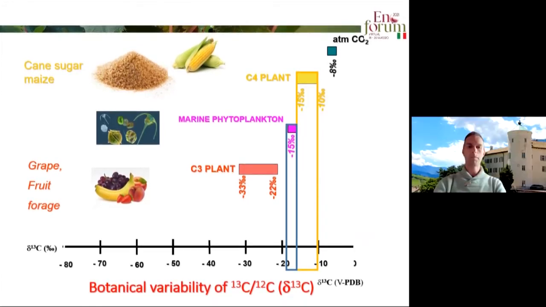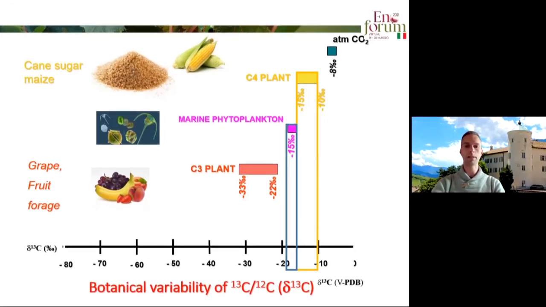We were talking about the botanical, vegetal origin, which has an effect on the variability of the isotope ratios in C3 plants, as is the case with fruit trees and vines. The range is lower there.